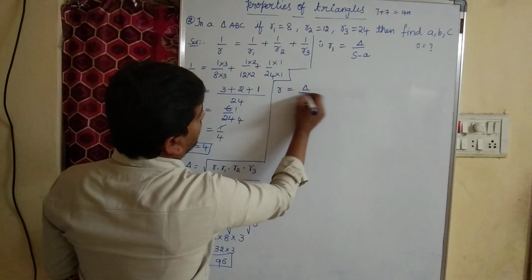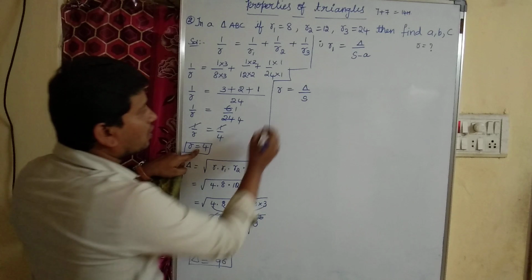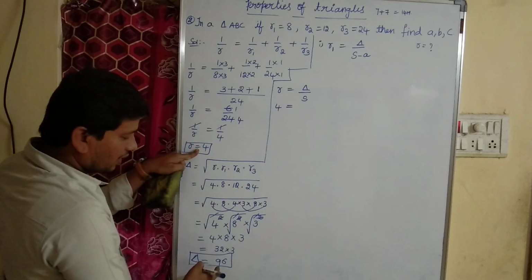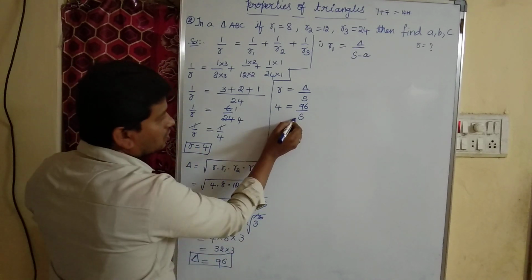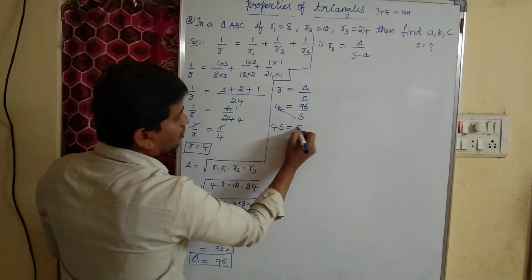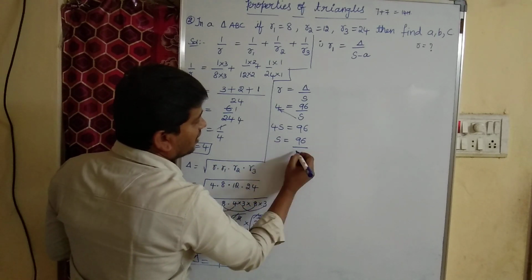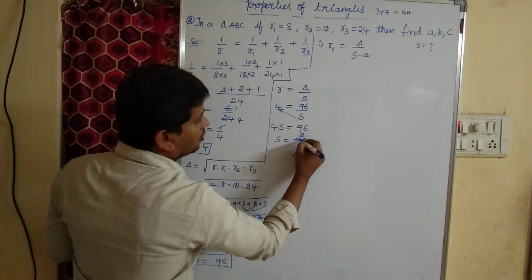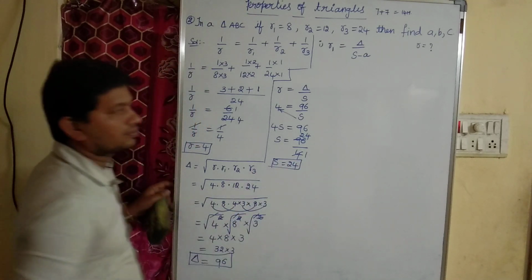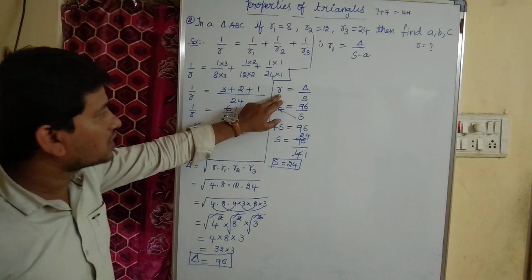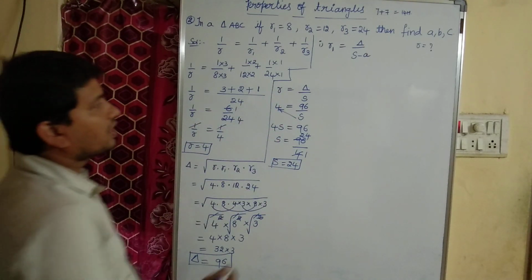R equal to delta by S. R value, how much did we get? 4 equal to delta, how much did we get? 96, divided by S. So 4 into S, 4S equal to 96. So S equal to 96 divided by 4. 4 1s are 4, 4 2s are 8, 16, 4 4s are 24. So what is the value of S? S value is 24. From the formula delta by S we found the S value. Now we can find it easily.